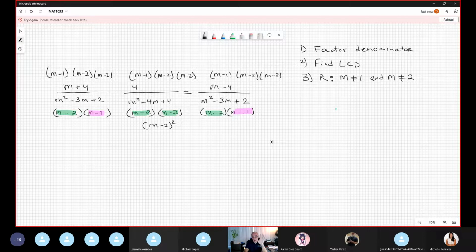So now how do you solve the problem? Not complicated. You continue working, keep going, and at the last moment you compare with the restrictions. If they coincide, you discard. No coincidence, no problem. So now the easy part is simplification.